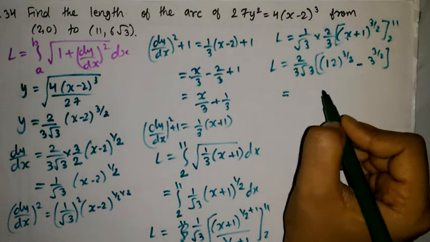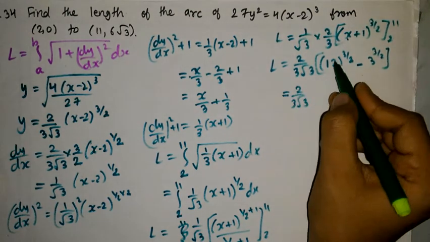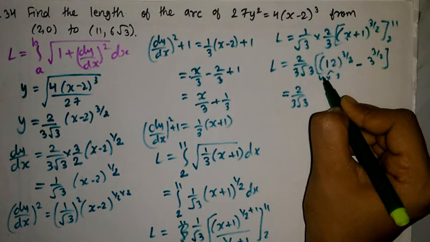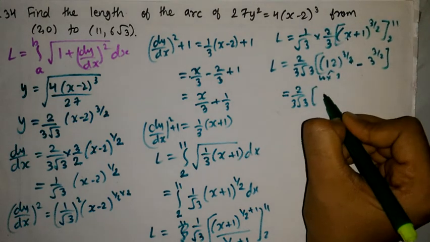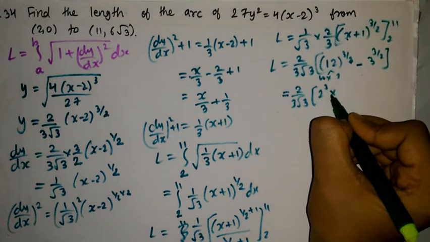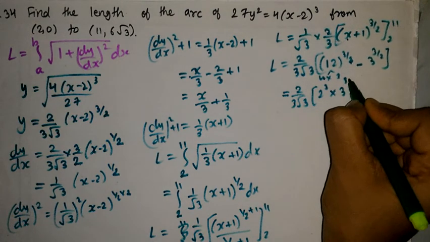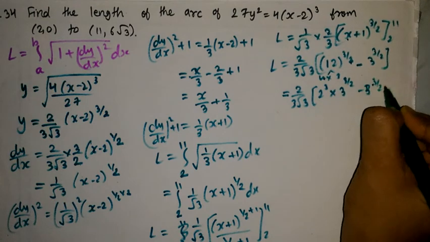So here we have 2 upon 3 root 3. We know that 12 is equal to 4 into 3, so the root of 4 will be 2. So it will be 2 cubed into 3 raised to 3 by 2, minus 3 raised to 3 by 2.